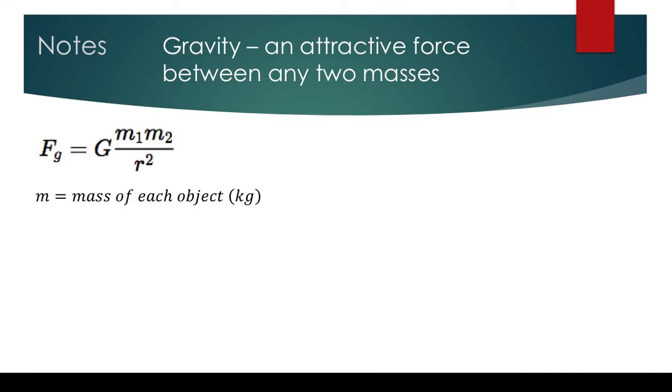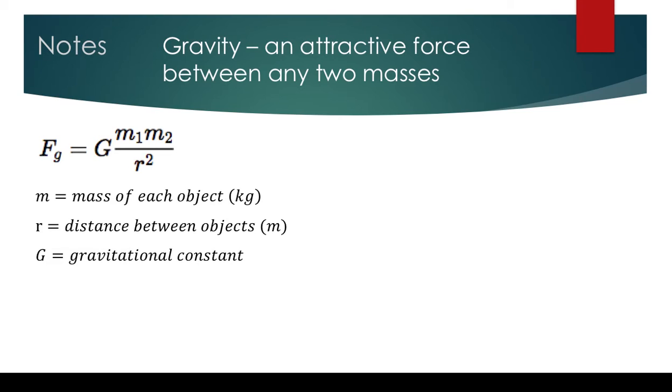M is the mass of each object, R is the distance between the objects, and we always want to remember R is the distance between their centers of mass, so the center of each object. G is the gravitational constant. It's equal to 6.67 times 10 to the negative 11 newton meters squared over kilograms squared.